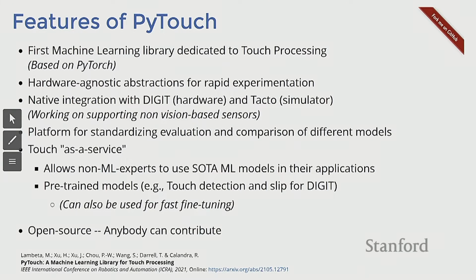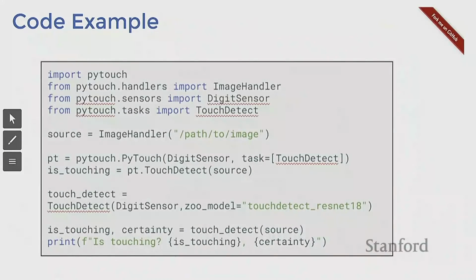The only one that I want to point out is the fact that we see PyTouch as a service. At this moment, if you download PyTouch, you get a DIGIT, you plug it in by USB, and with 2 lines of code you can essentially just define, I have a DIGIT sensor here connected, and I now want a model which detects if there is touch.